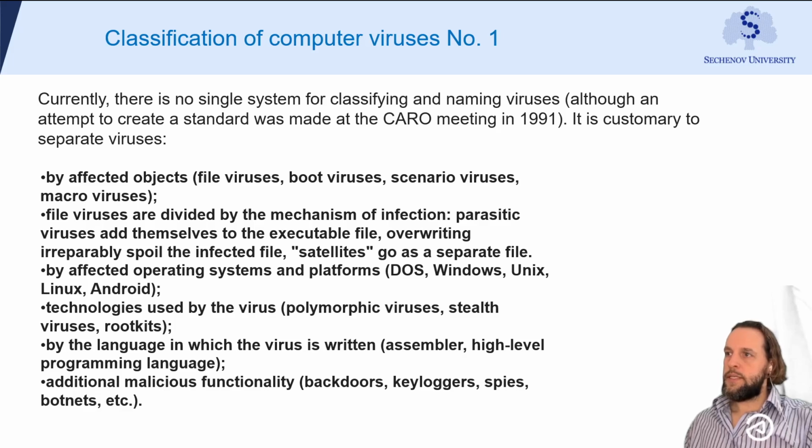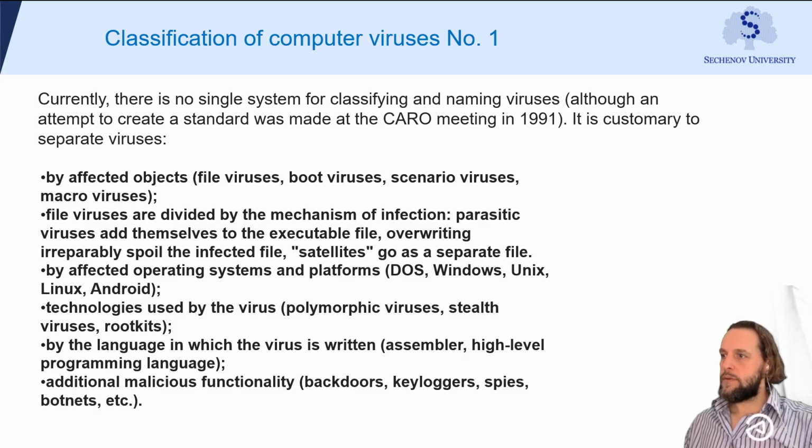Classification could be done by operating systems on which the virus is running, technologies used by the virus, polymorphic viruses, rootkits, and so on. By programming language, for example, low-level assembler viruses, high-level programming language viruses, and so on.